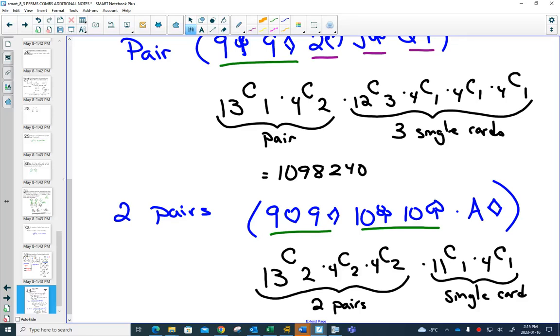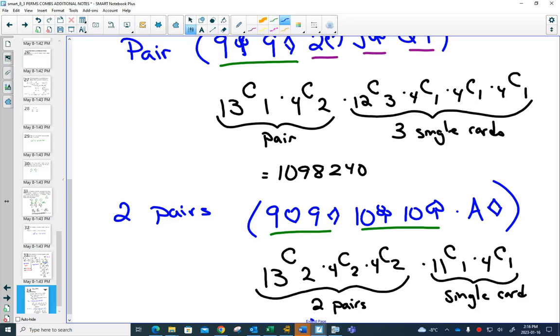I couldn't do that in the last question for my single cards. Once I took out my 9s, 4 cards, there's 48 cards left. I can't just do 48 choose 3, because I might get a pair in there. I might get 3 cards that are the same. So that's why in that one I had to do the 12 choose 3, 4 choose 1, 4 choose 1, 4 choose 1. So just to keep the methodology the same all the way through, that's why I wrote it as 11 choose 1, 4 choose 1.